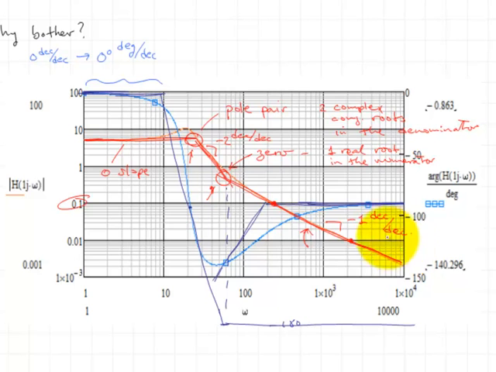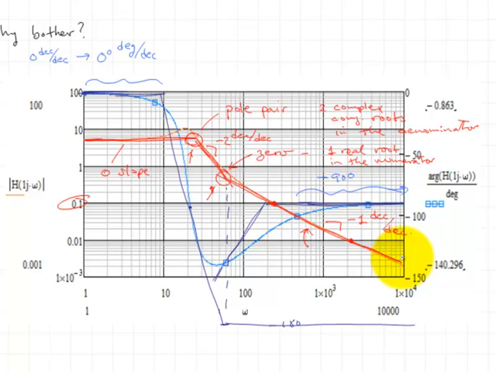If we have a slope of -1, so in this region here and on out, the asymptotic value here is minus 90 degrees. So as the magnitude slope converges with this -1 decade per decade slope, as we go further out in frequency, the phase is going to settle out at -90.